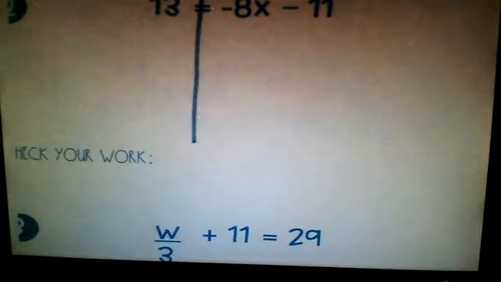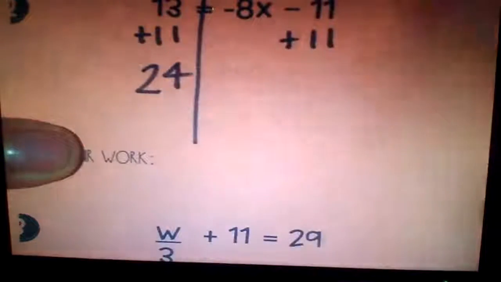Down here. Maya, what should I do first? Add the 11. Add the 11 to both sides. Stephanie says 24 equals negative 8x.